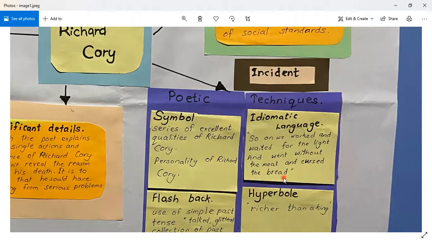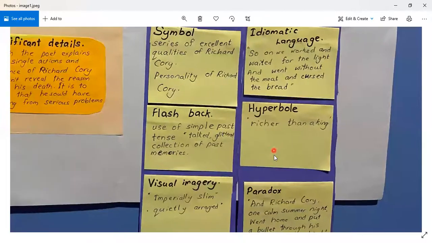Here the poet uses the meat and the bread. So in these two lines, idiomatic language is there. And I think you remember hyperbole or exaggeration in the line, richer than a king.